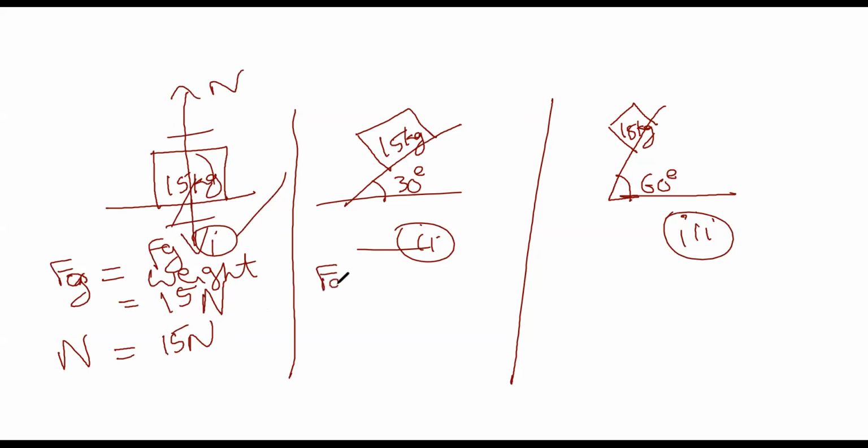Now here, what is the gravitational force? Again 15 Newton. What is the normal force? Instead of calculating, just tell me whether it is equal to 15 Newton or less than 15 Newton. No need of the exact value, you just have to compare. It will be less than 15 Newton, correct?